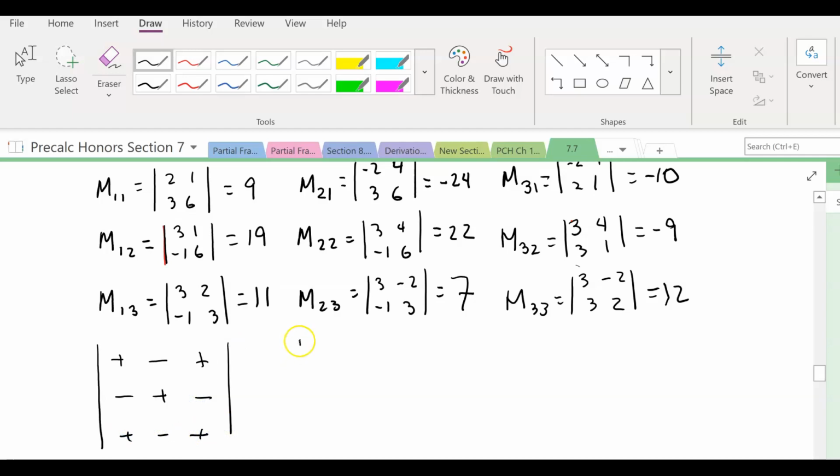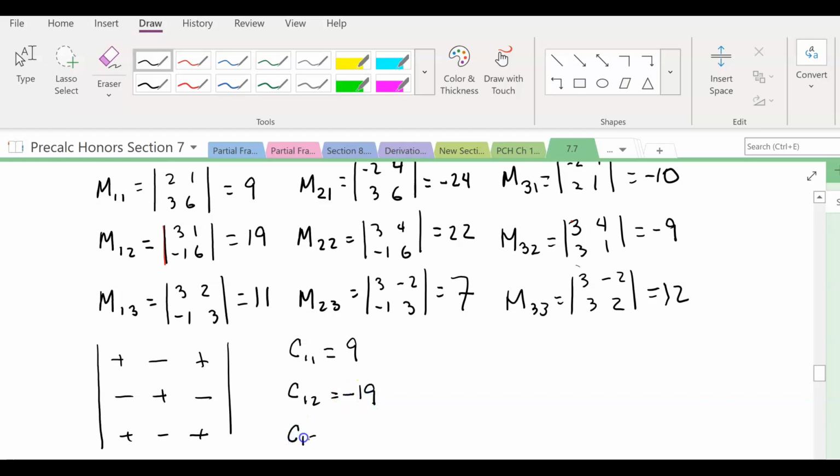Okay, so I'm going to have a cofactor for 1, 1. That's going to come from the minor from entry 1, 1, so that stays the same, so that's going to be 9. And then the cofactor for 1, 2, that's this entry here, row 1, column 2. That's going to change to the opposite. So that was 19, now it's going to change to negative 19.